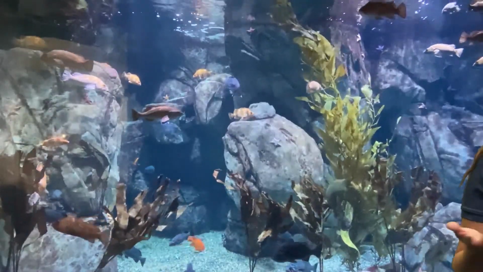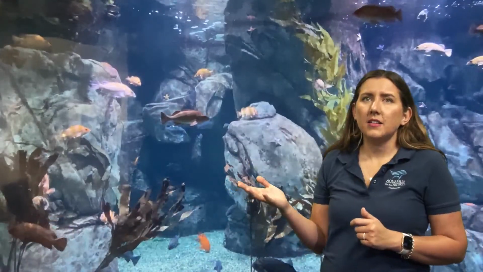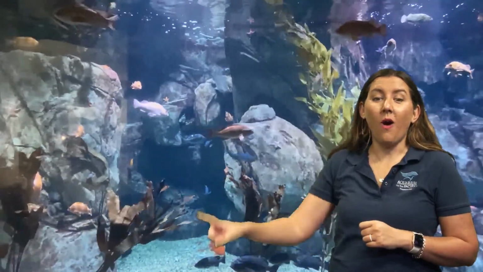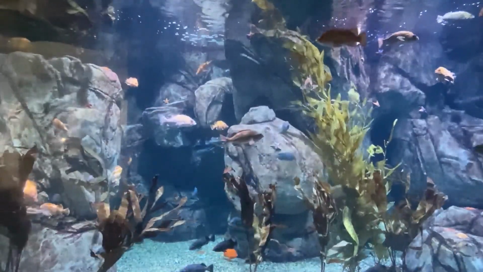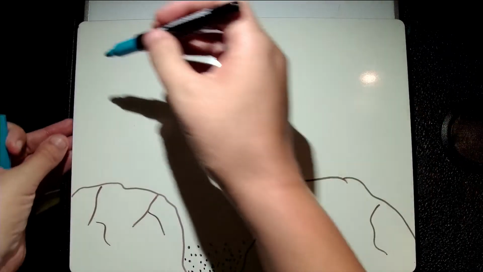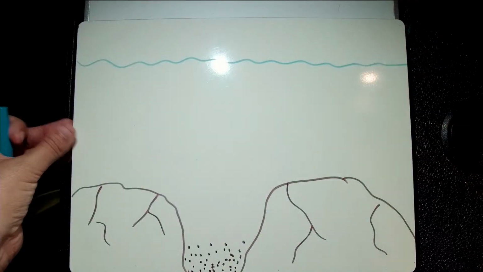Okay, is there anything else in this habitat that's not alive that we need to add into our drawing? All of the water, right? That's important. So I'll draw just the water line up here.